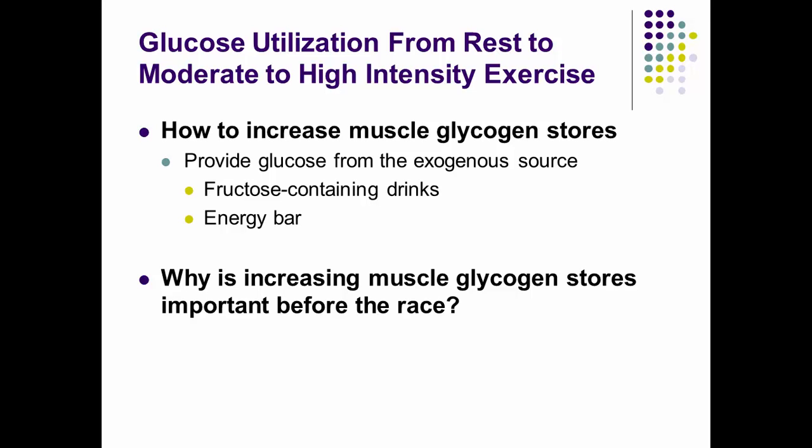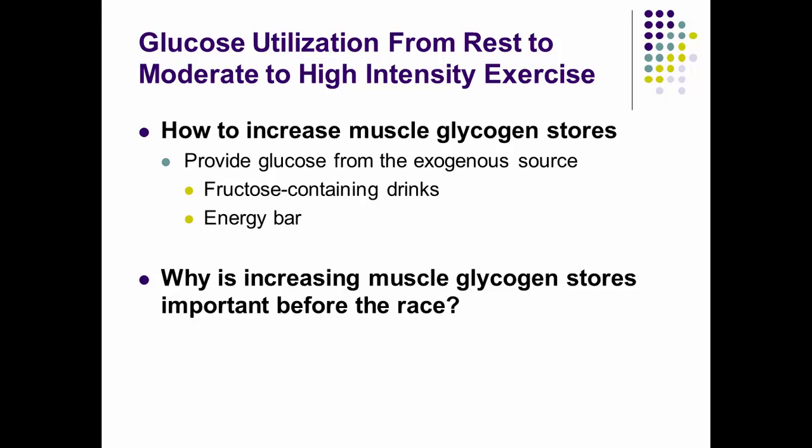So how do we increase the muscle glycogen store, since muscle glycogen is so important for exercise efficiency? It's a simple way: you just provide glucose to increase glycogen synthesis in the skeletal muscle. We're going to talk about more detail later.